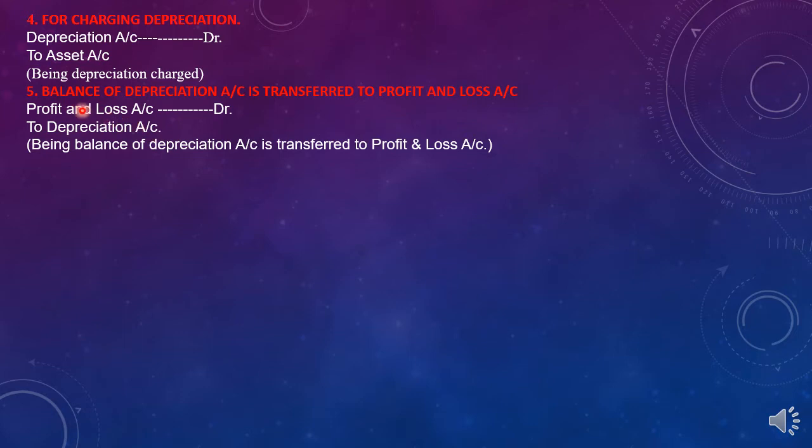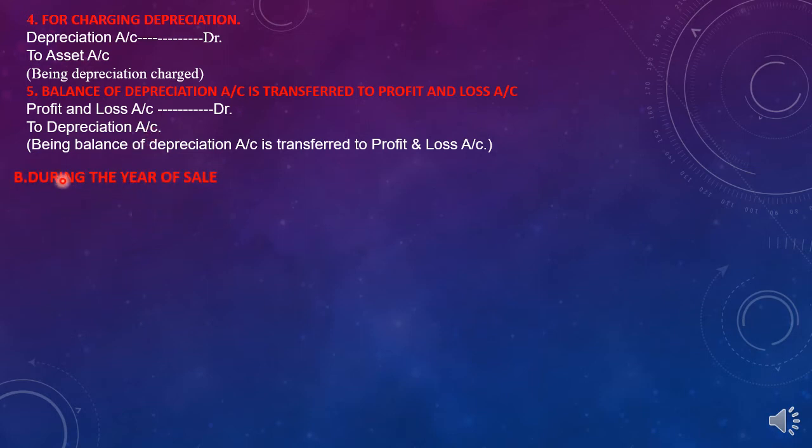It means the profit and loss account will be debited in case of any expenses. So here you can see, as per the golden rules of accounts, debit all expenses and losses. So this depreciation first reduces the asset value, and after that it is transferred to the P&L account. Once the P&L account is debited, depreciation will be credited.